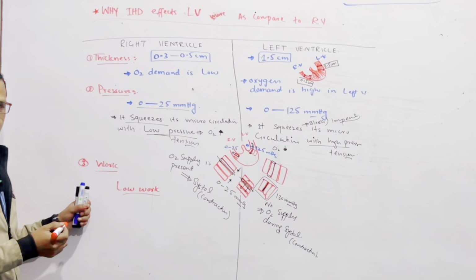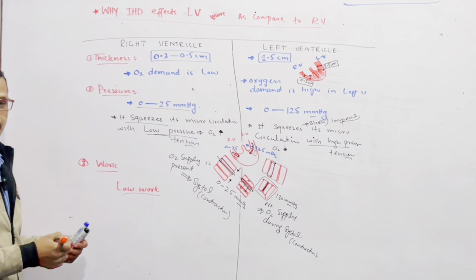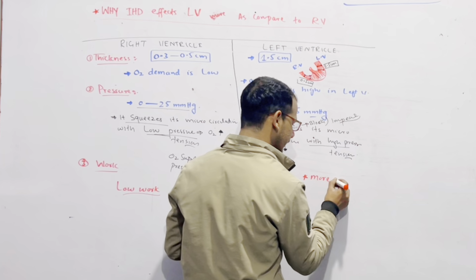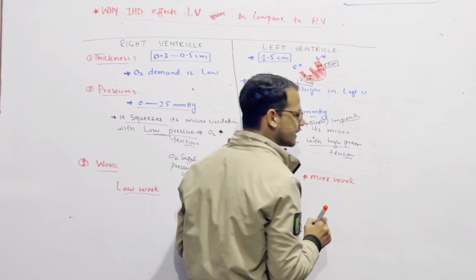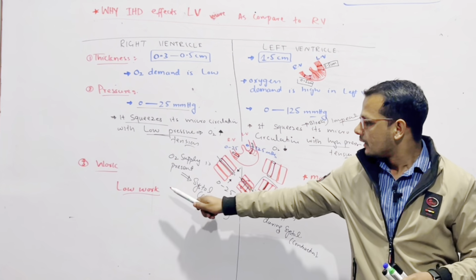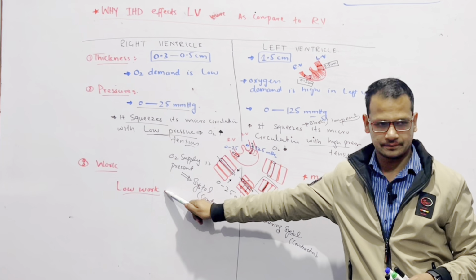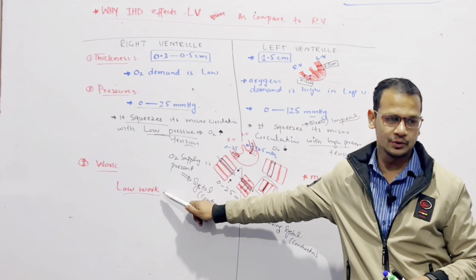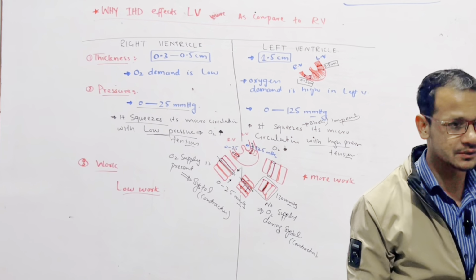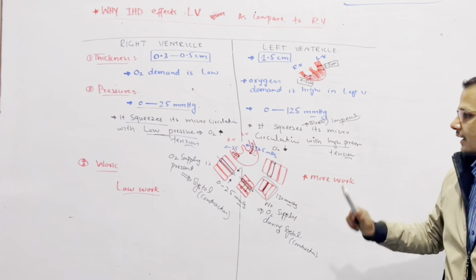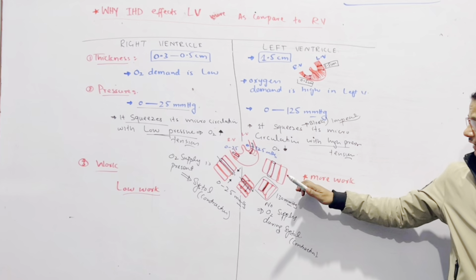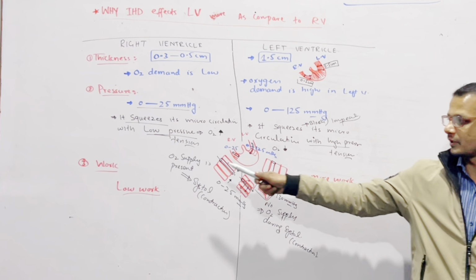As compared to the right side, the left side does more work, because there is one other reason. From the right ventricle, the blood is only going to the lungs for oxygenation, but from the left ventricle the blood is going to the whole body, so it does more work.